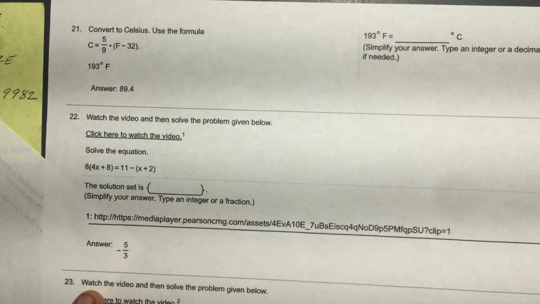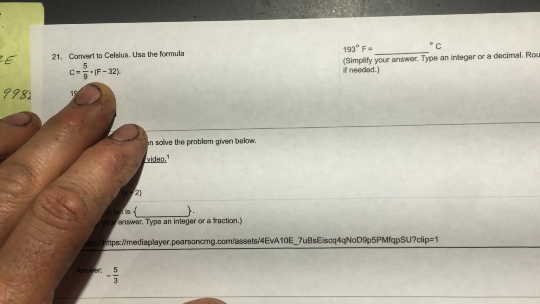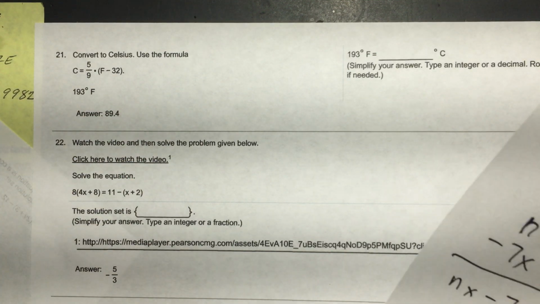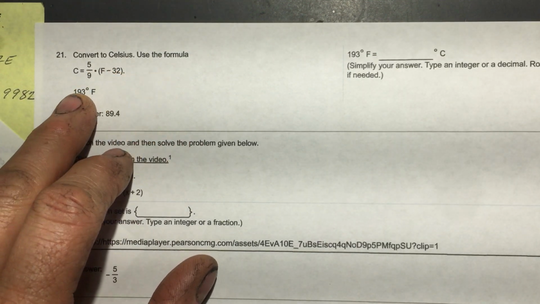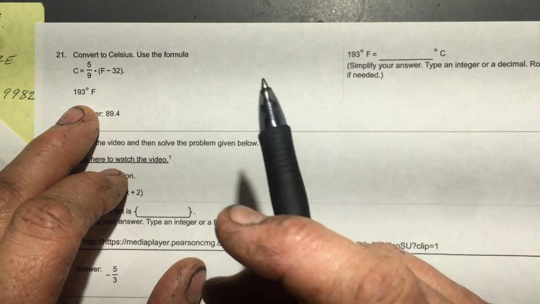All right, now same thing goes here. Convert to Celsius using this formula. So if my Fahrenheit is 193, I put 193 in and I'll solve this out.